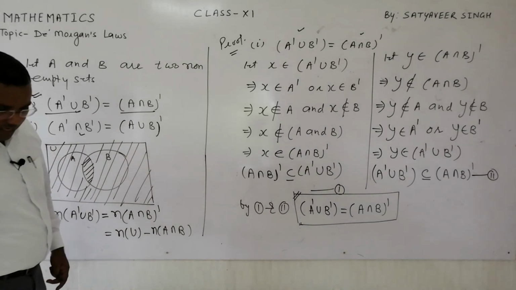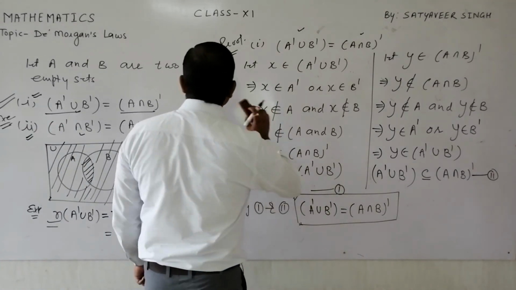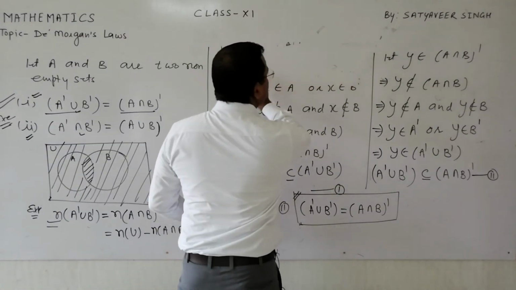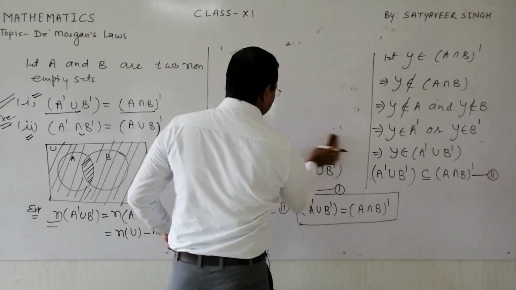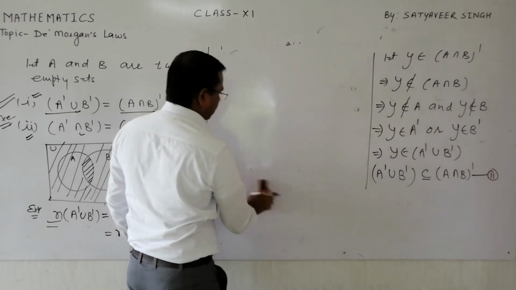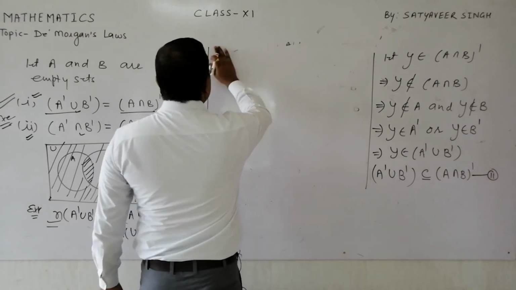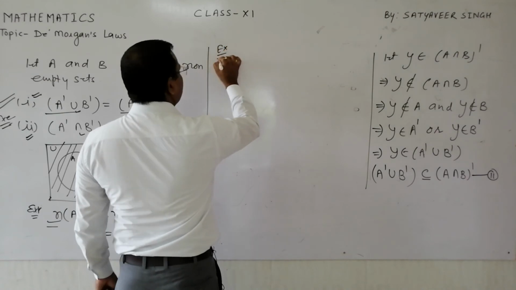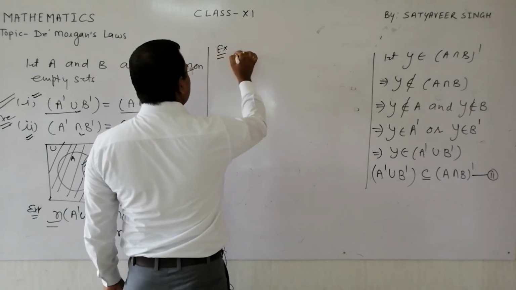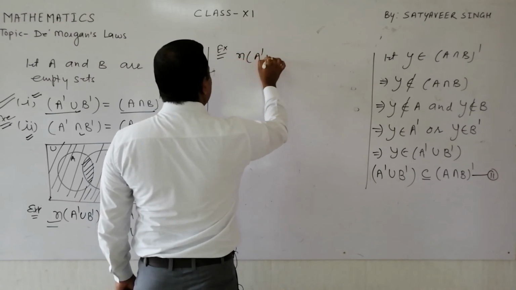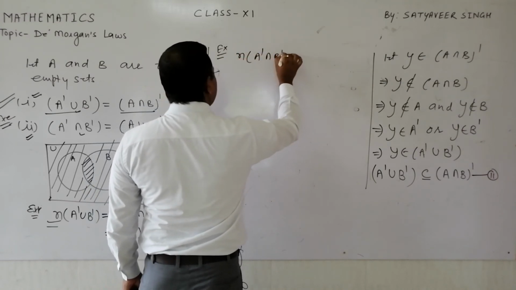Like suppose I am writing a question here. Suppose now we want to find by the second De Morgan law A complement intersection B complement.